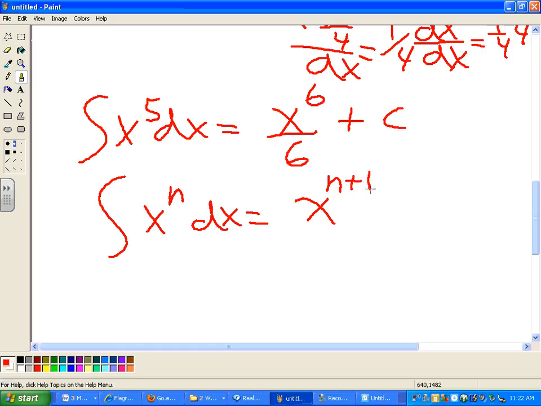And so the way we would say that is the next number is 1 higher, so we say n plus 1. What if it's a negative? Well, it'll all work. The only thing that'll happen is if that was an x to the minus 1, we'd be messed up. But we're going to cross that bridge another day. So no negatives yet.